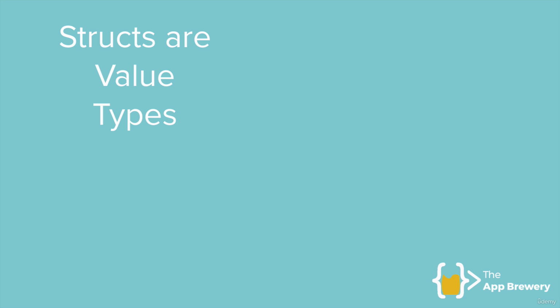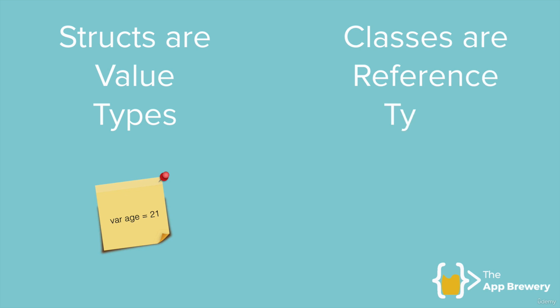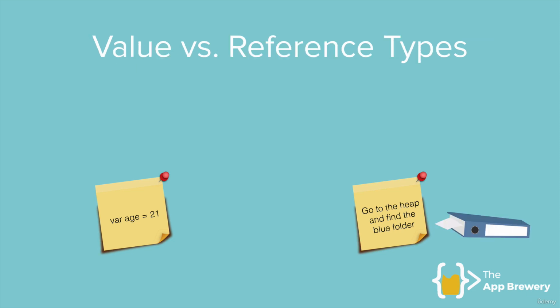Now, another common thing that you'll hear when people are discussing structs versus classes is that structs are value types. And this means that they store the actual data values. Classes are reference types, and we store a reference to a block of memory. And the reference is just an instruction for how you might locate that block in the heap. Now, what's the difference between value and reference types?